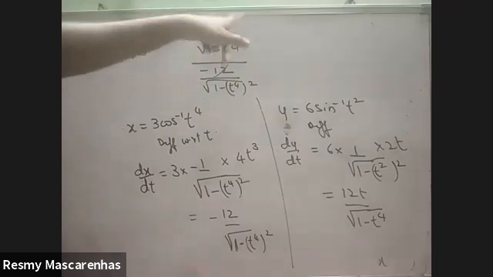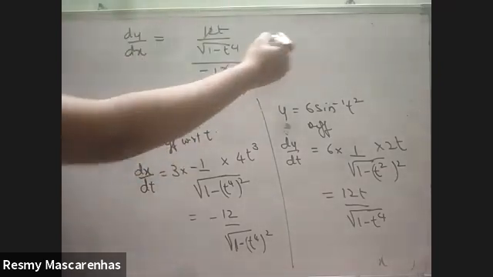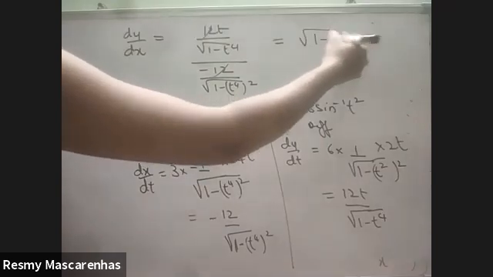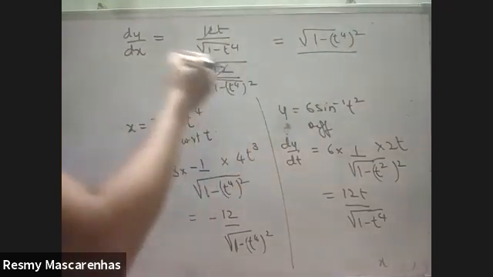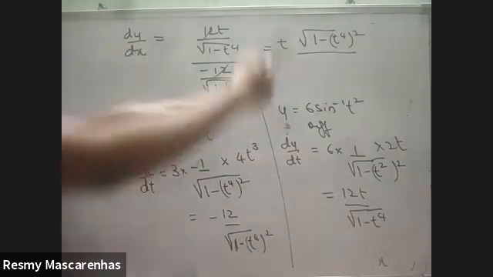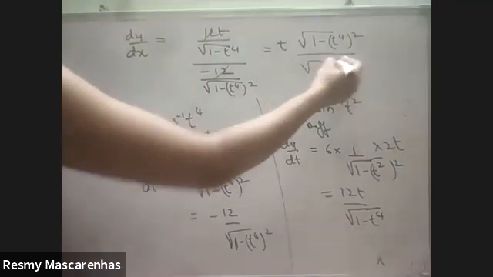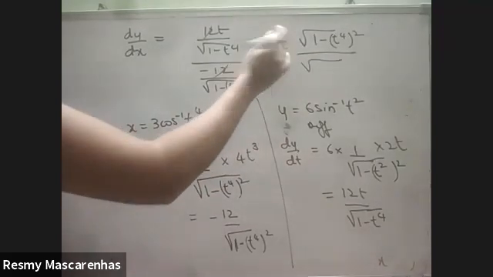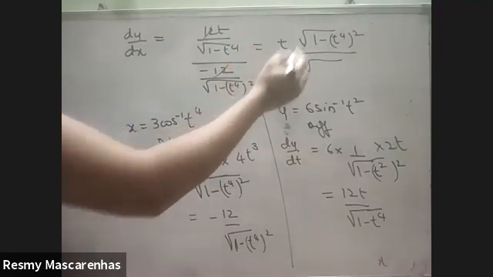If you reverse, this will go up. So what answer you'll get finally? 1 minus t raised to 4 the whole square upon, there's a t over here. This will go up and get multiplied here. There's a minus sign. So overall it will become minus.